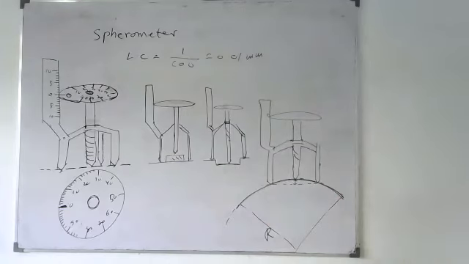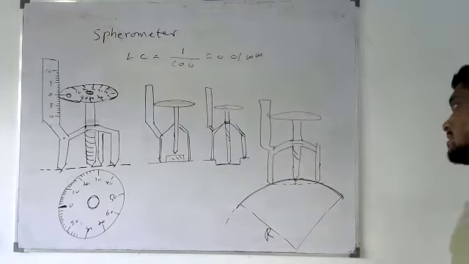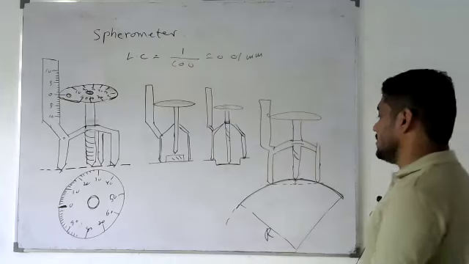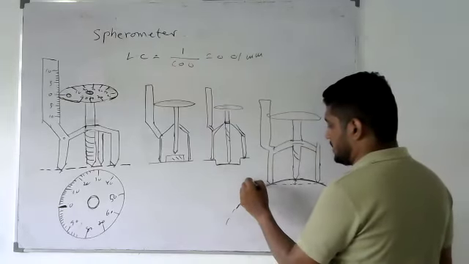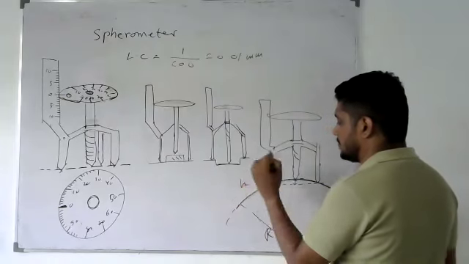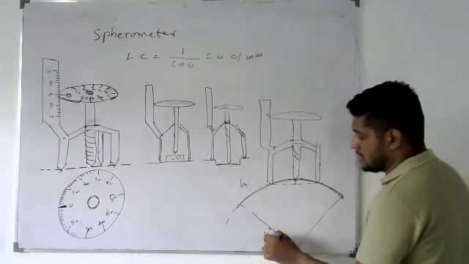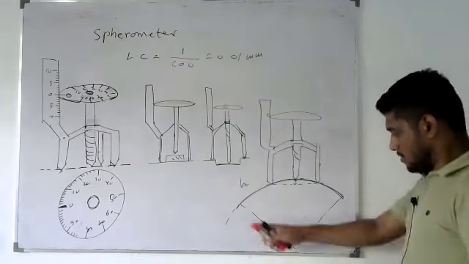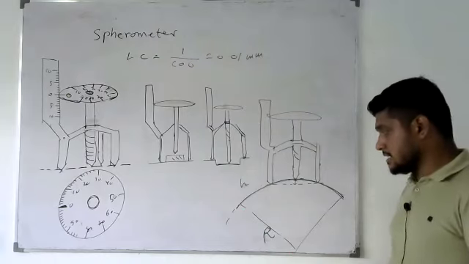Right? So this is the measurement that you can take. It's a measurement that you can take, but this measurement is the height h, right? You cannot use this directly to measure the radius.